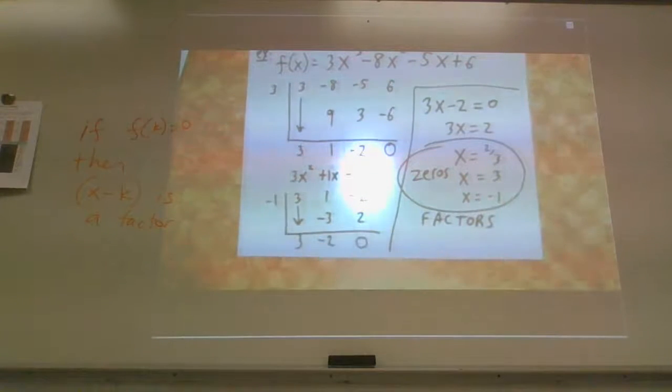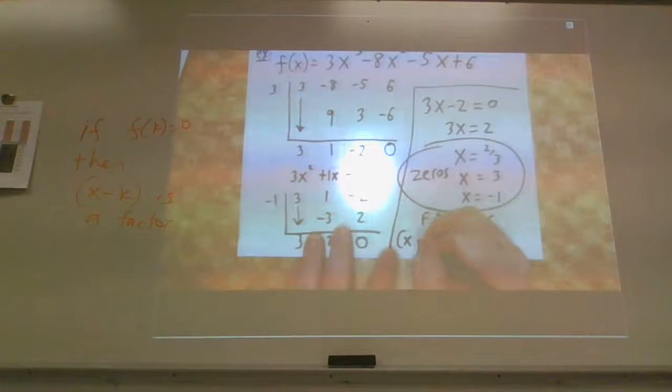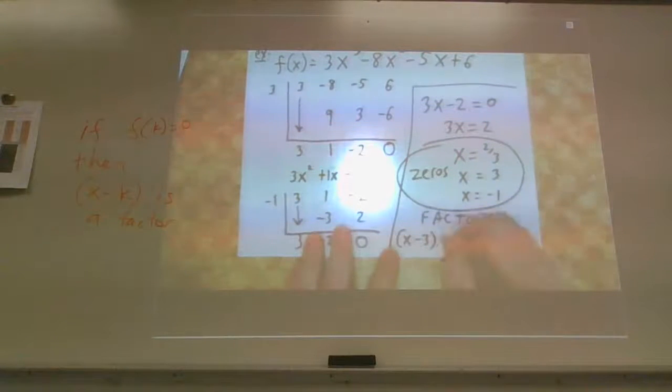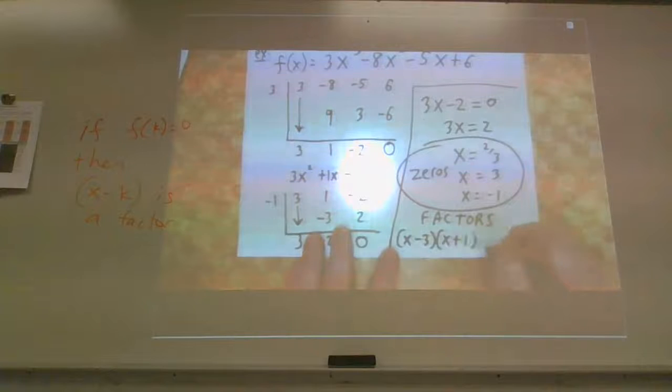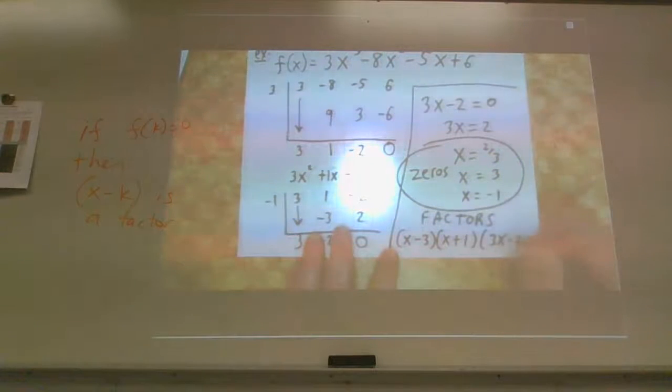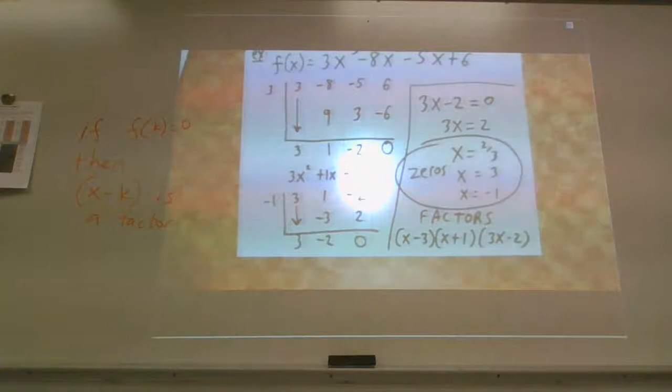my factors. And this is also important because they may ask you to factor this thing. X minus 3, X plus 1, and 3x minus 2. That's not a typo. Remember, look at the definition that I have written in orange to the side of the board.